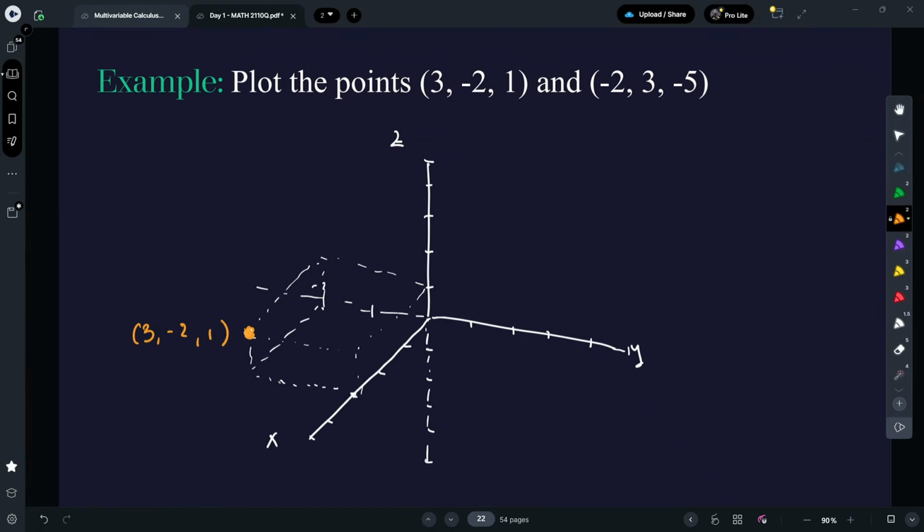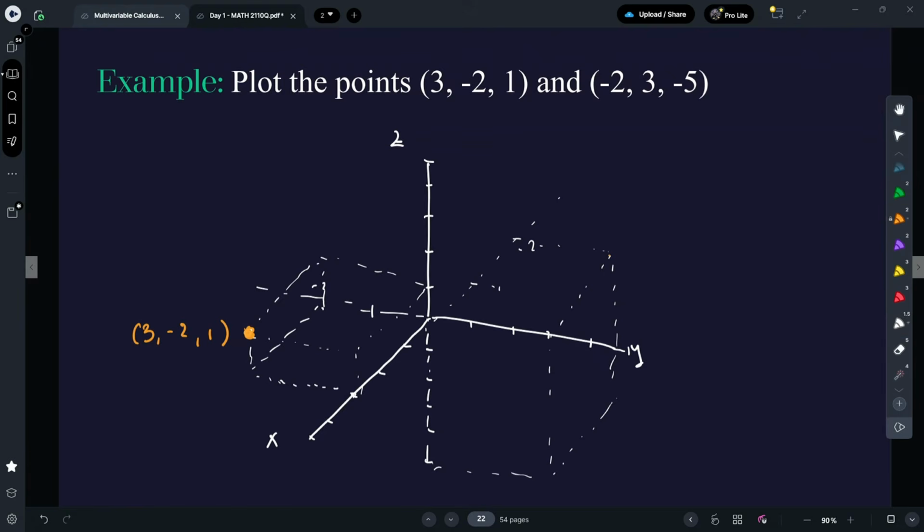Okay? So where is the point minus 2, 3, minus 5? For minus 2, 3, minus 5, I have to go backwards. Here is minus 1 and minus 2. And 3 is here. So I first draw the projection of the point in the xy plane, and then go all the way to the third dimension by drawing some big box, just to complete the box.